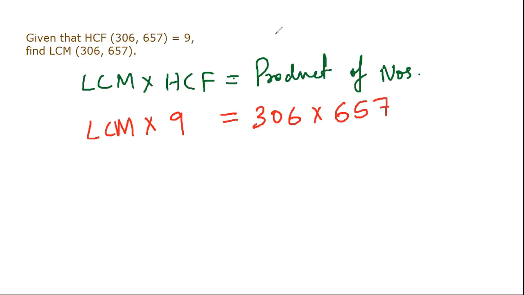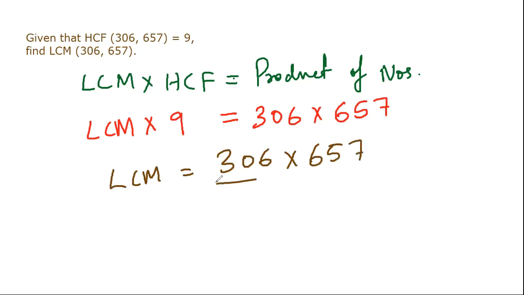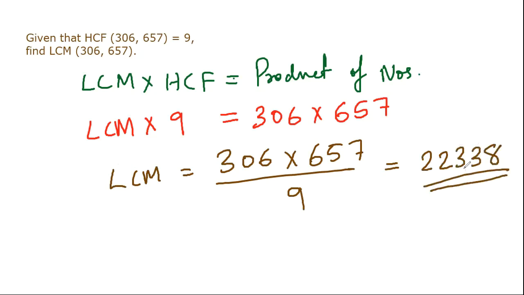Rearranging, LCM is equal to 306 into 657 all divided by 9. After solving, you will get the final answer as 22,338. That is the LCM of these two numbers.